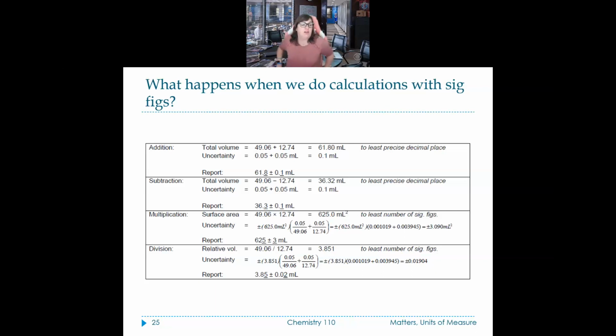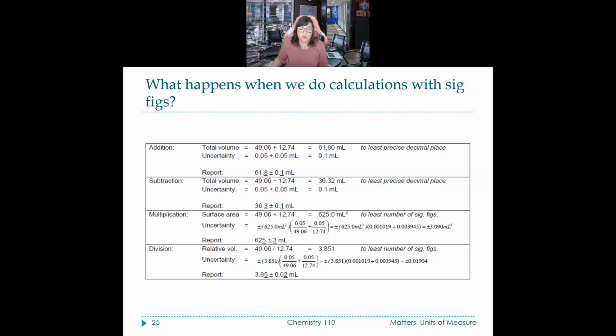When we do addition and subtraction, we're looking at how far past the decimal point we are. That determines how much accuracy we have for those numbers. Since I may be measuring many different things, I can't get any more accurate than the least accurate number that I measured. So if I have 12.6 and 6.2, those are both 1 decimal place.